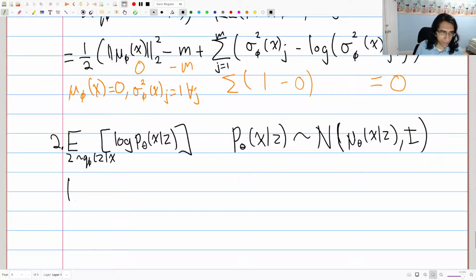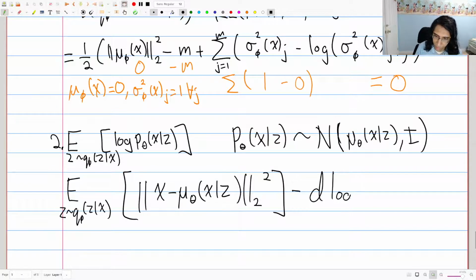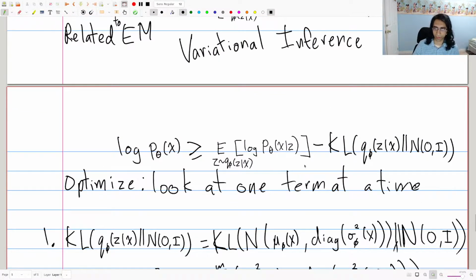This is just going to be the expectation, the sum over u phi of z given x, of, I'll write the expression here, something like this, minus d times log of square root 2 pi or something. So this is what we're going to be trying to optimize, because, like I said, this is the other term in our expression, which we're going to try to maximize.